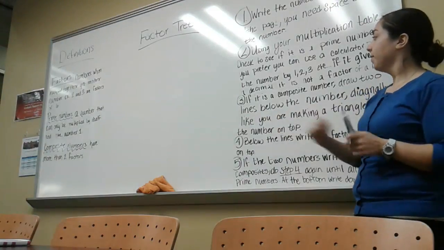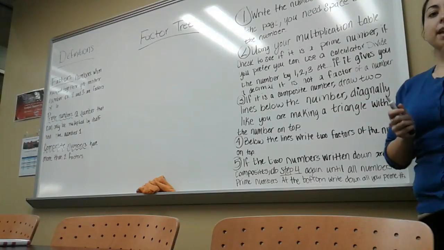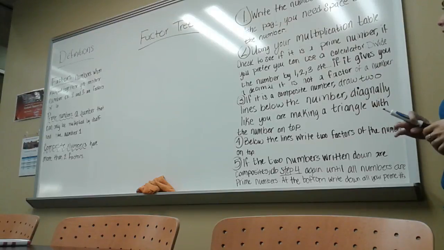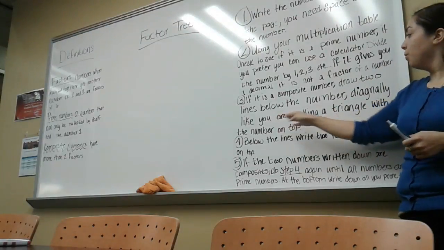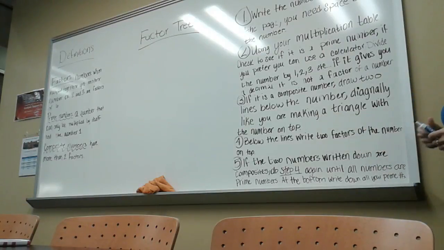So step number 3, if it is a composite number, again, composite numbers are numbers that have more than 2 factors, we draw 2 lines below the number, diagonally, like you are making a triangle with the number on top. Okay. Step number 4, below the lines, write 2 factors of the number on top.